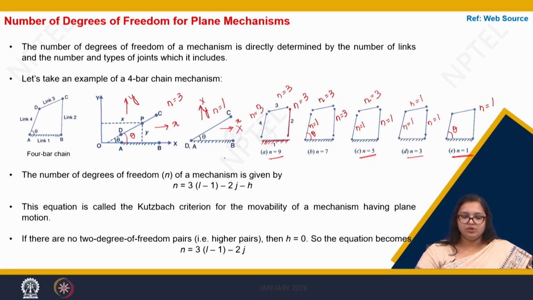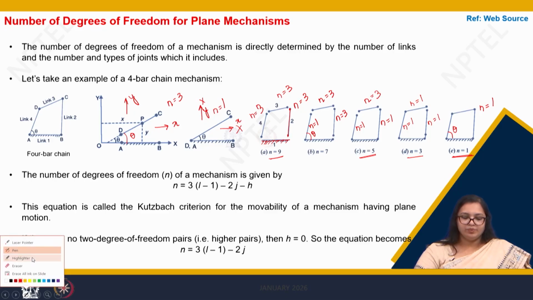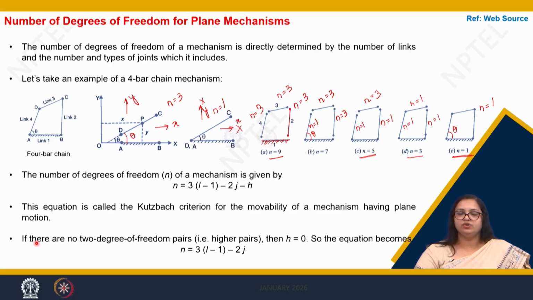Now how do we know? For a very simple mechanism, that is a 4-bar chain mechanism, we could do it in this format. However, when there is a complex mechanism, how would we go ahead with it?